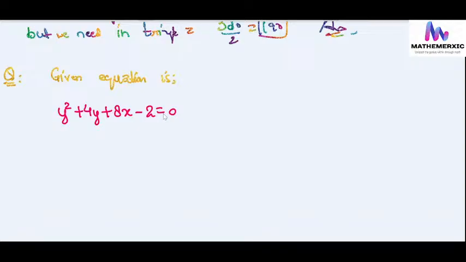The problem here is how to shift. For shifting, we know that, let us say, the origin is shifted from 0, 0 to h, k. Then the new capital X is x minus h and capital Y is y minus k.